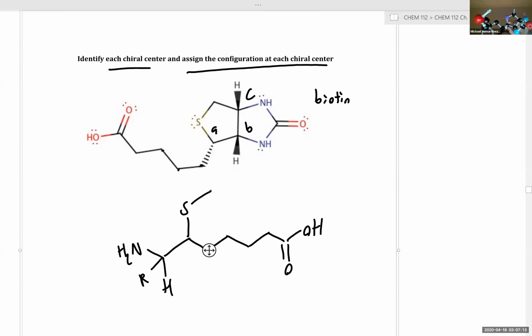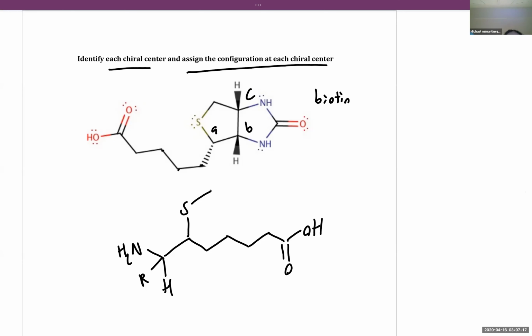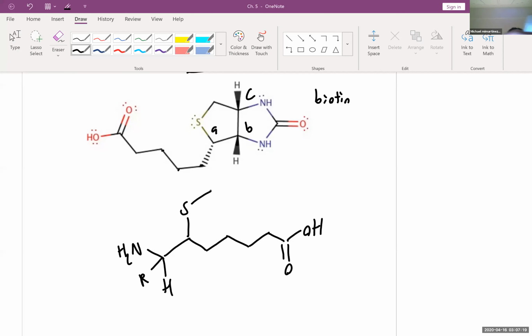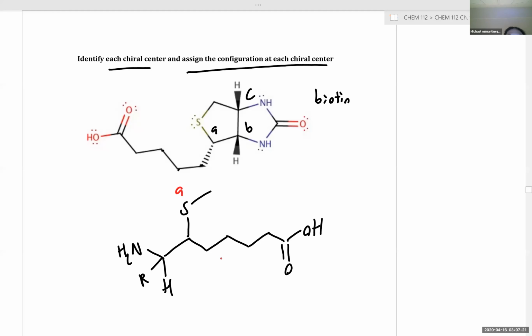So in terms of priority, which group gets the highest priority? A, B, or C?